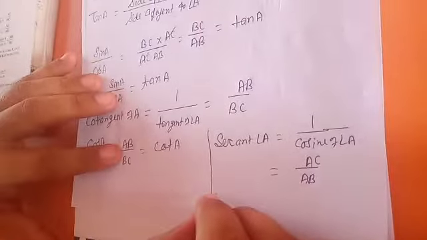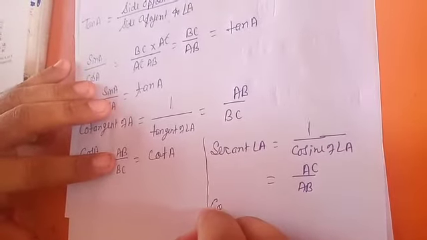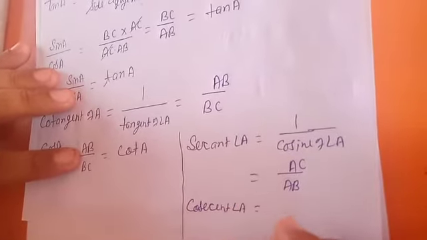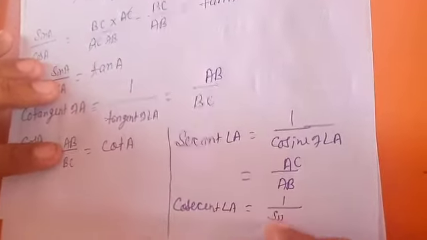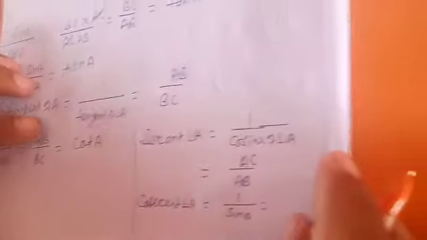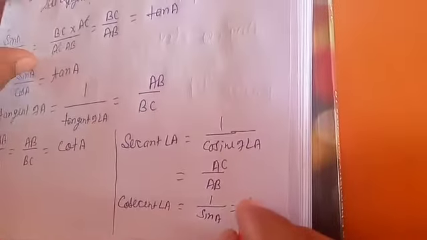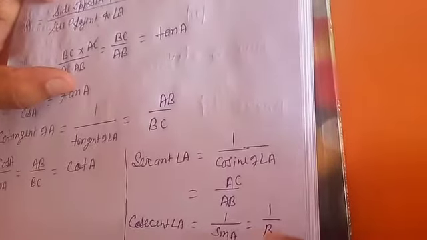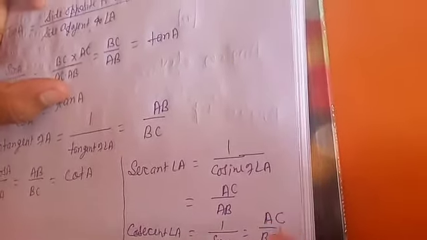Similarly, cosecant of angle A is equal to 1 of sine of A. What is sine of A? Sine of A is BC by AC, so 1 by BC by AC, AC going upside.